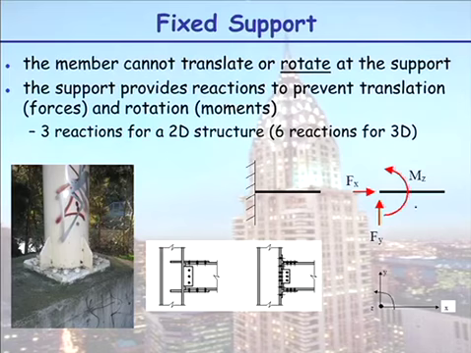In 2 dimensions, a fixed support has 3 potential unknown reactions: a moment reaction and 2 force reactions. My triangular ruler here, that would be me grabbing this with my fist. I can't pull up, I can't push sideways, and I can't rotate.